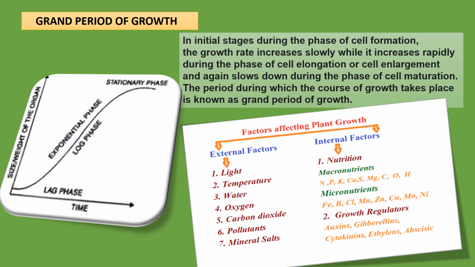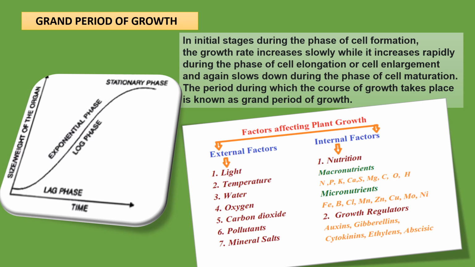Now we are going to discuss the factors which affect plant growth. There are two types of factors, external factors and internal factors. Already you know about this, but then also I am giving you just an idea. So external factors are light, temperature, water, oxygen, carbon dioxide, pollutants, mineral salts.